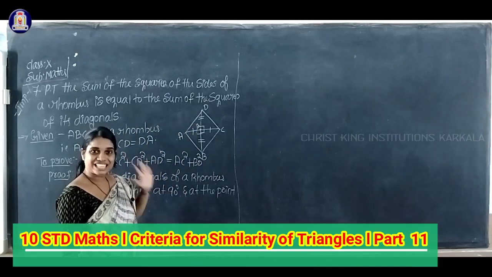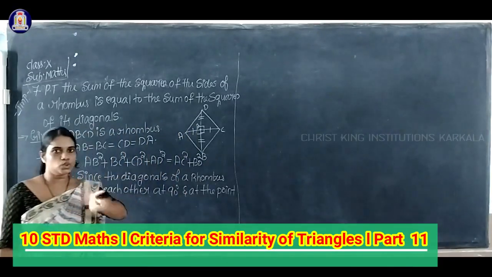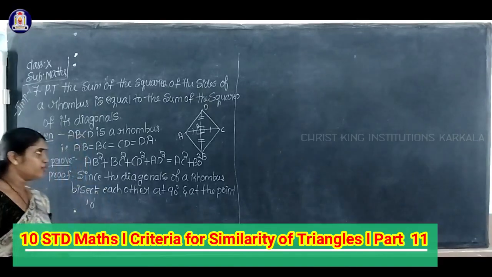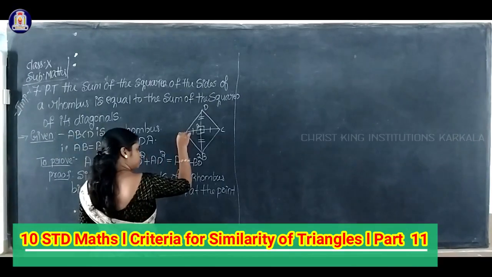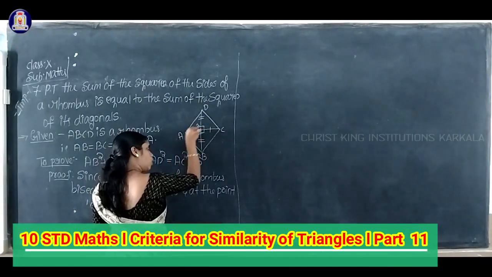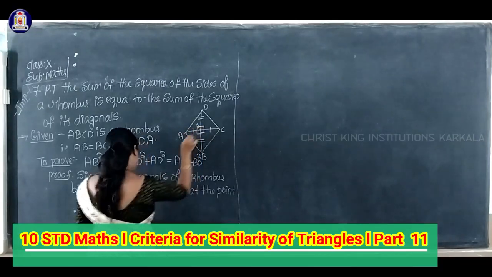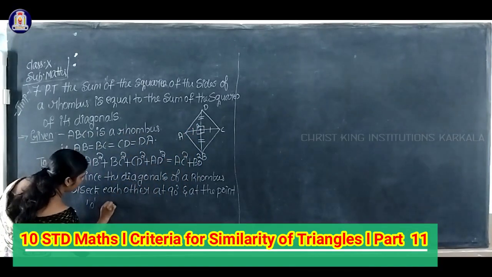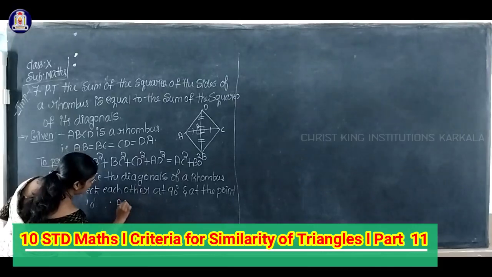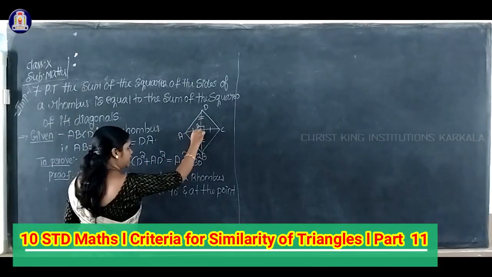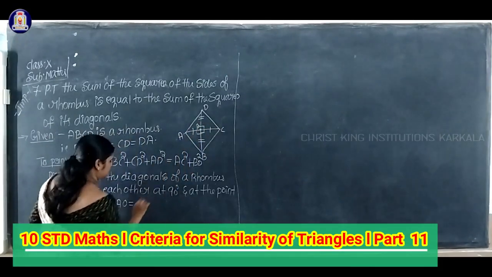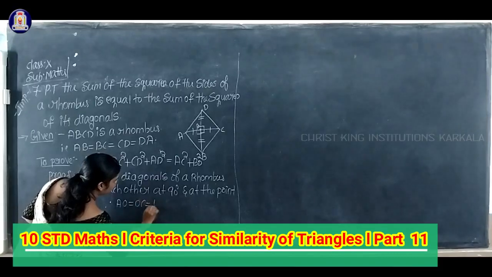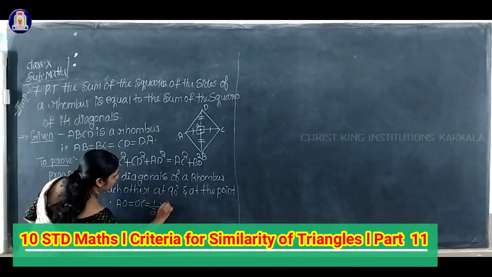Bisecting means divide into two equal parts. So therefore the length of AO equals the length of OC, equal to half of AC.